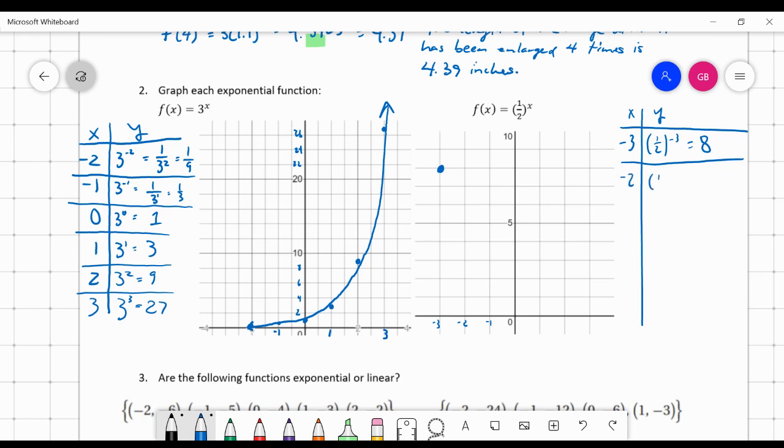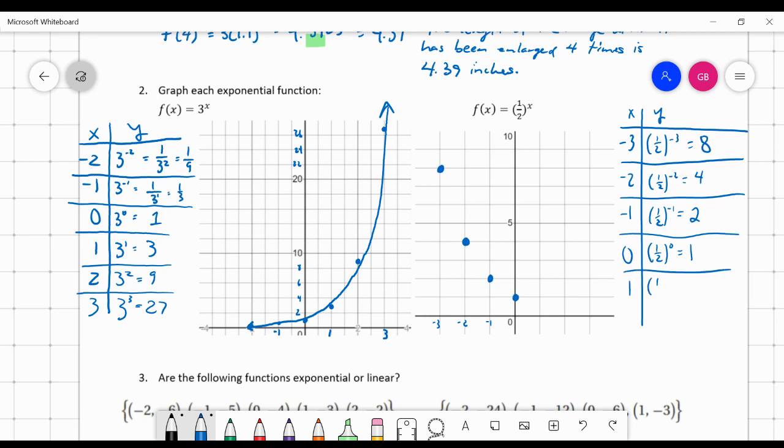You plug in -2, and you get 4. So -2, 4. And plug in -1, you get +2. And you plug in 0. Anything to the power of 0 is 1.